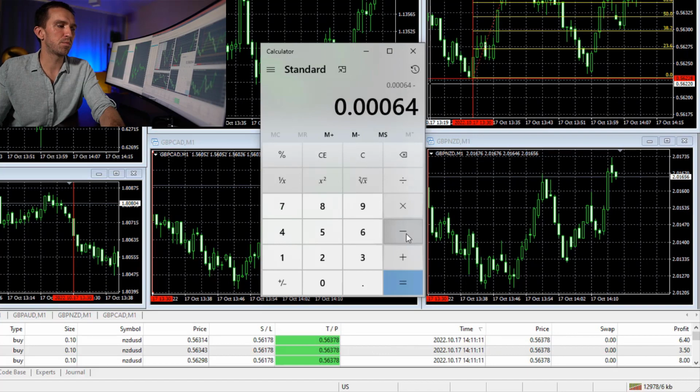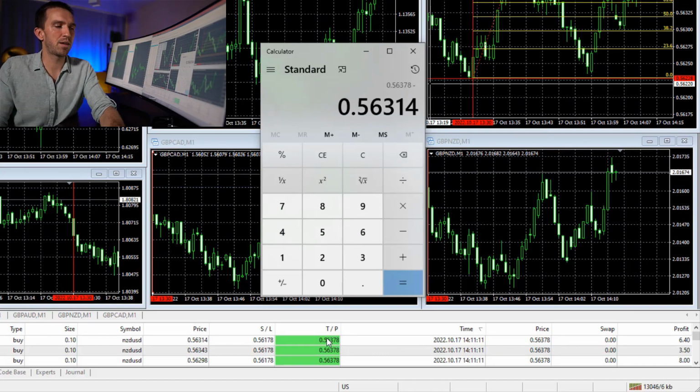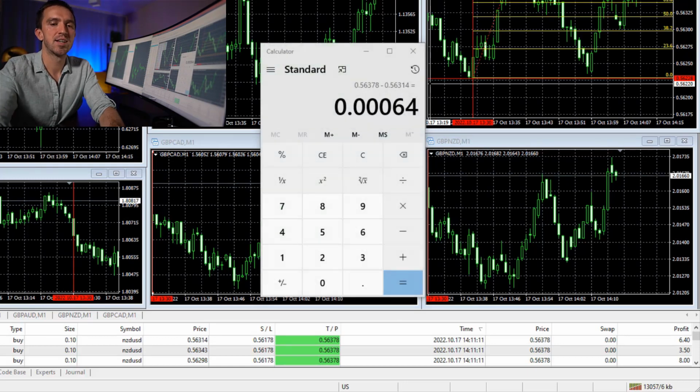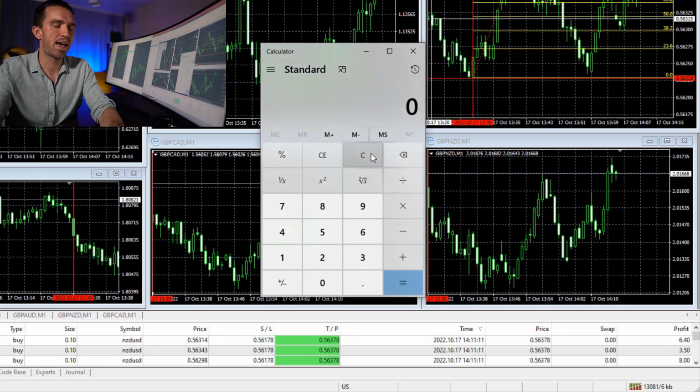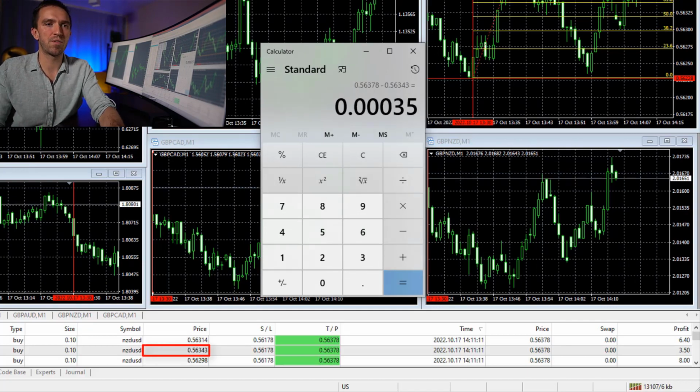So first it will be 0.5637.8 minus 0.5631.4. So simply I'm taking the take profit minus the opening price, and that is 6.4 pips. With the second one I have 0.5637.8 minus 0.5634.3, that is 3.5 pips.